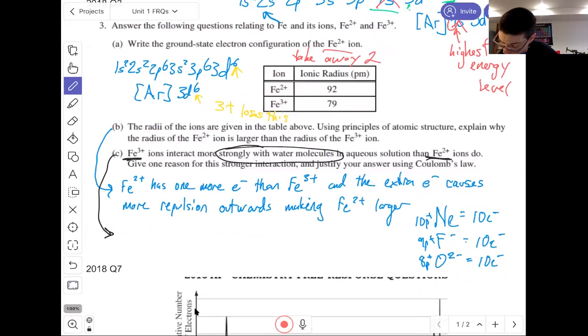If it says justify your answer using Coulomb's law, that means you only have two options, because there are only two factors involved in Coulomb's law: distance and amount of charge. That's the thing to remember there. So here, it's asking you to basically decide which of those factors is the bigger issue in terms of attracting water.